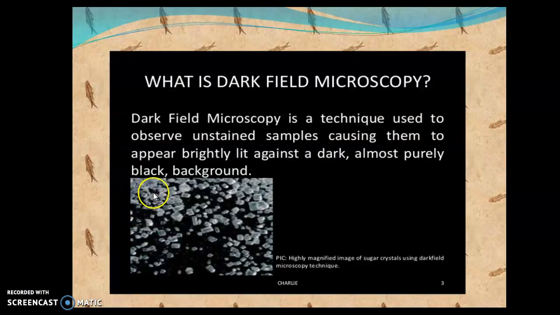What is the significance of dark field microscopy? It is a technique mainly used to observe unstained samples. As a result, the samples are not contaminated with any additional chemical substance, which can happen in bright field microscopy.